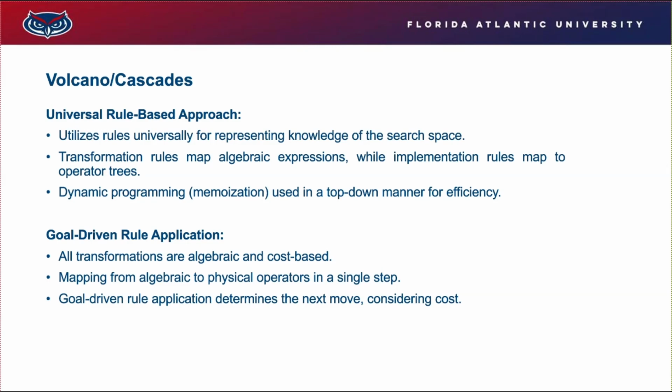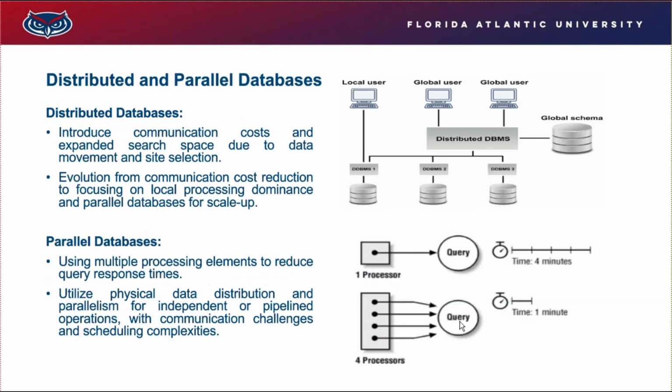Dynamic programming is used in a top-down manner for efficiency, leveraging past optimization tasks. In goal-driven rule application, instead of distinct optimization phases, all transformations in Volcano or Cascades are algebraic and cost-based. Mapping from algebraic to physical operators occurs in a single step. Goal-driven rule application determines the next move considering cost.